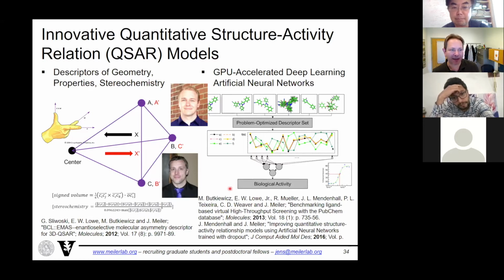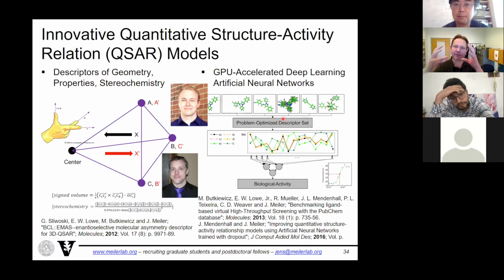Here on the right-hand side, we see this QSAR idea: chemical structure in, then you translate your chemical structure into descriptors and numbers, and then you train a machine learning algorithm, like a neural network, to output biological activity. That's the QSAR model. Mostly the descriptors, these numbers that describe the molecules, are distances and angles, because they are translation and rotation invariant.